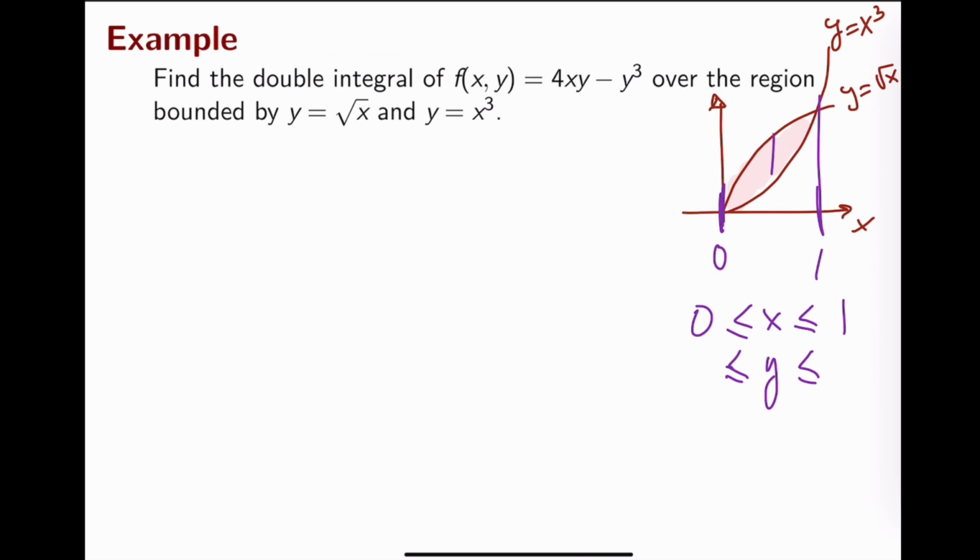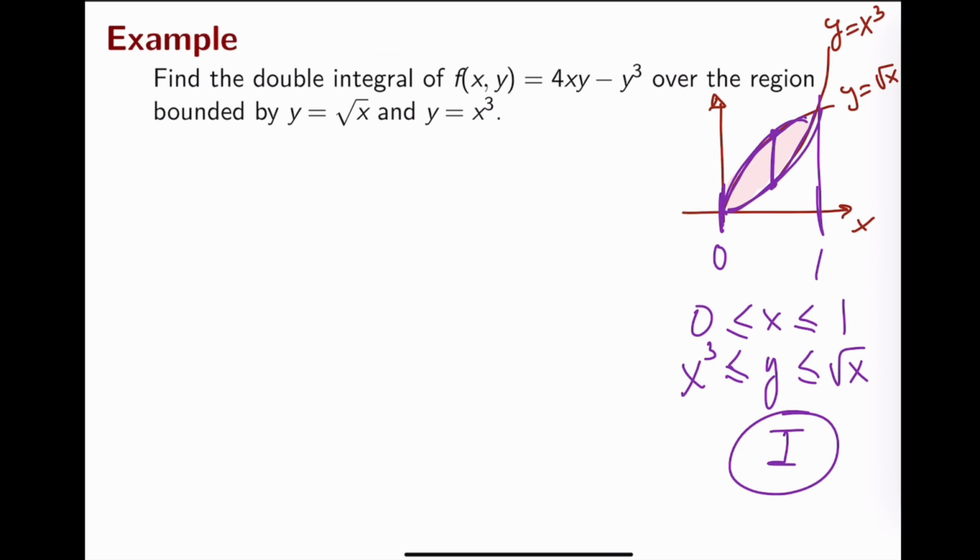So the variation of y, a generic one here, will be between this function and this function. So it will vary between x cubed underneath and on top square root of x. So we were actually able to describe this region as a region of type 1.